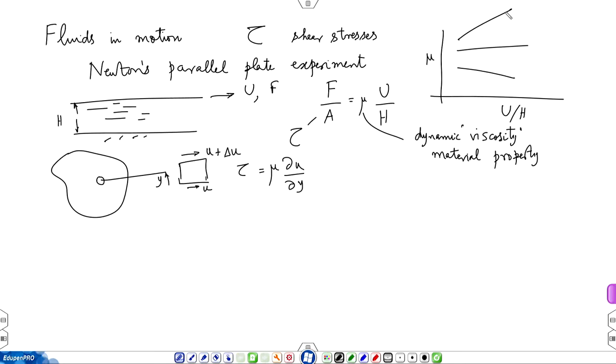So, for such fluids where mu is constant, such fluids are said to be Newtonian.